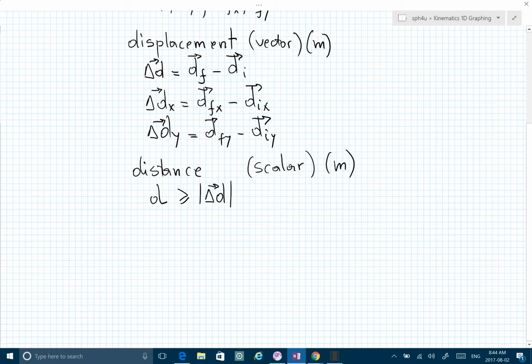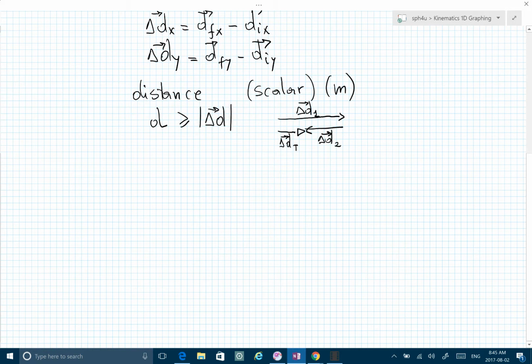To give an example, if you have something going 10 meters to the right and then 5 meters to the left, this is delta d, right? However, the distance traveled is the length of the path. But the displacement is just the magnitude of that little vector there. So I'm hoping you remember this inequality here.